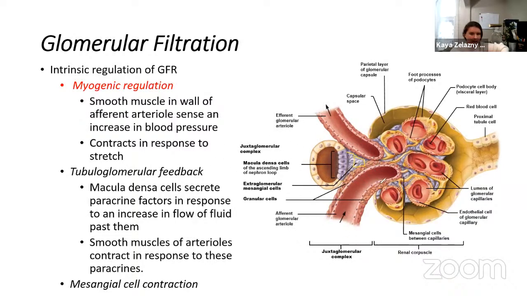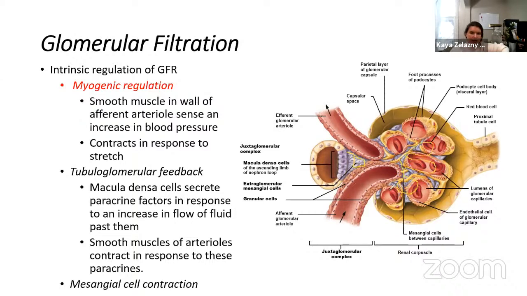If we have an increase in the fluid, it's also going to affect these cells, and they're going to respond by contracting. What happens when they contract is essentially they're turning off some of these capillaries.